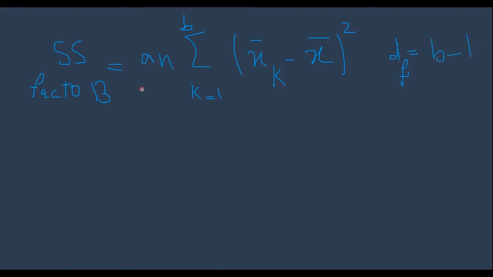So it's SS for factor B is A multiplied by N sigma K from 1 to the number of levels of B, and then x bar K minus x bar power 2, and degree of freedom in here is B minus 1.